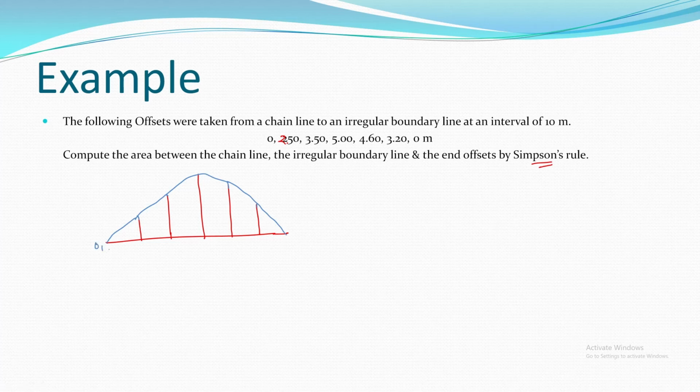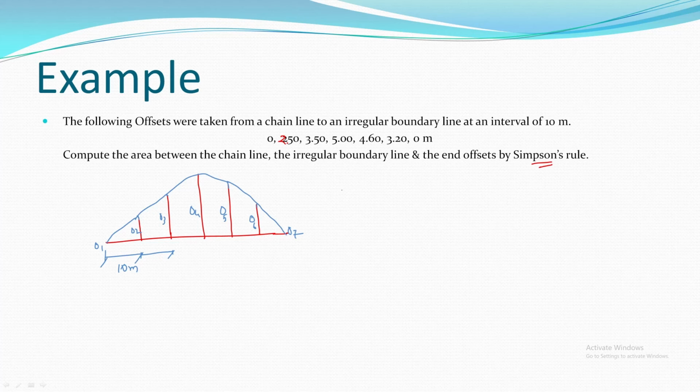So, this is O1, this is O2, O3, O4, O5, O6 and this is O7, and the common distance over here is 10 meter, right?